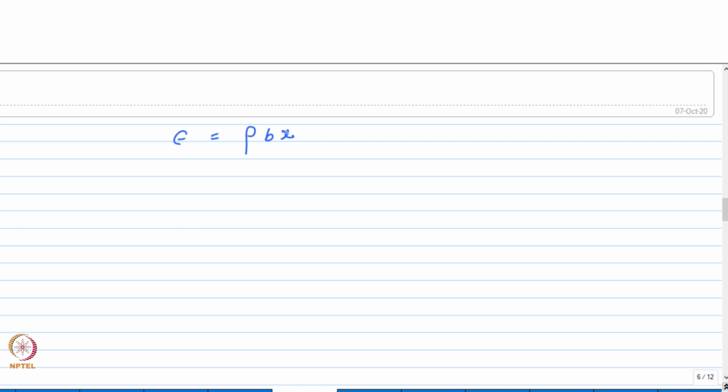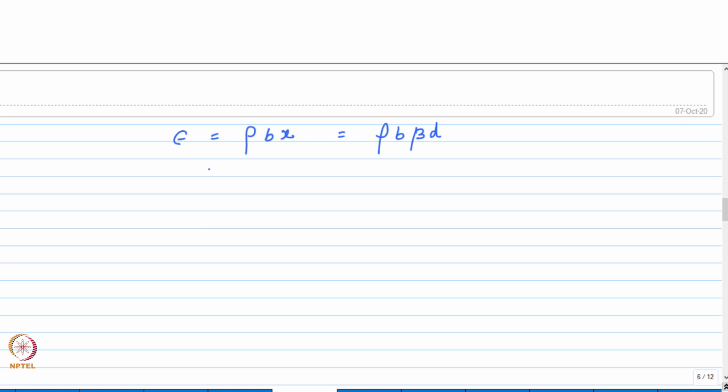Epsilon is the strain and rho is the dislocation density. So if you replace x over here, you would get this in terms of the grain size d, okay?